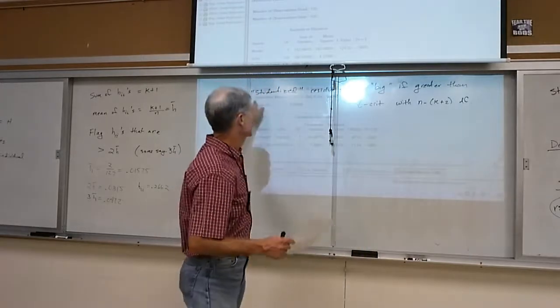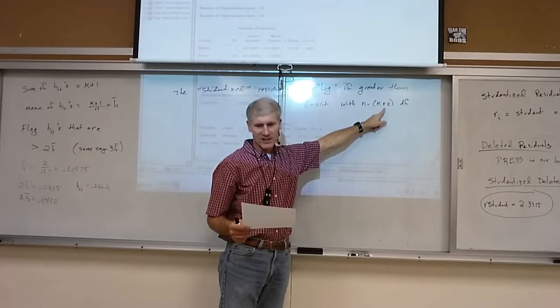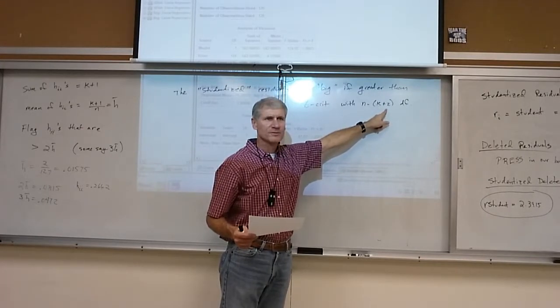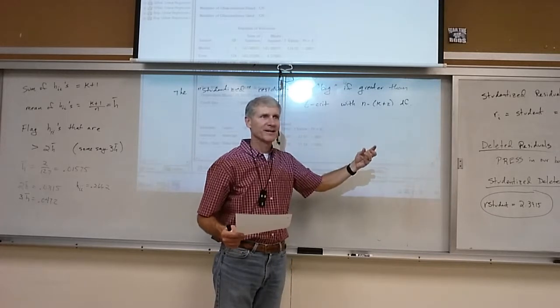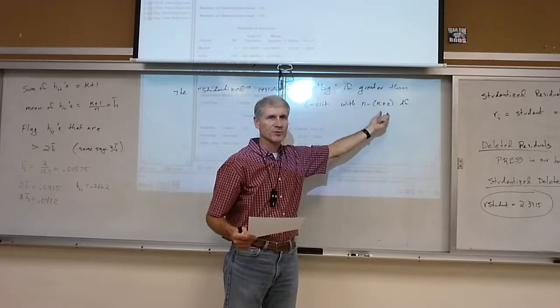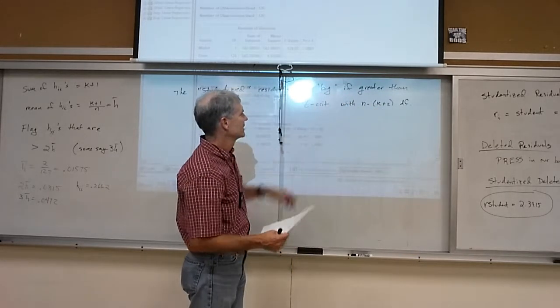Actually, I made it sound like both of them are that. This should look a little bit odd to you, which has made me realize I should have said this before. Why is it K plus 2? Because I took one out, right? So I'm subtracting one more off. We're used to N minus K plus 1, right? So this is the one for deleted residual.